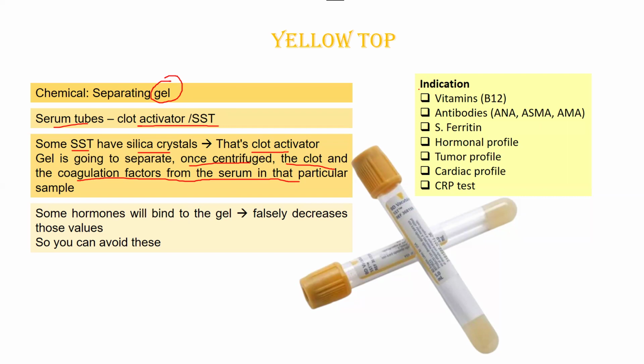Now, the indications for the yellow top tube are: you check for vitamins, antibodies, serum ferritin, hormonal profile, tumor profile, cardiac profile, and the CRP test. Basically CRP is the C-reactive protein test. So these are the indications for yellow top tubes. But there is a different school of thought when it comes to the hormonal profile, that some hormones will bind to the gel and falsely decrease their value.